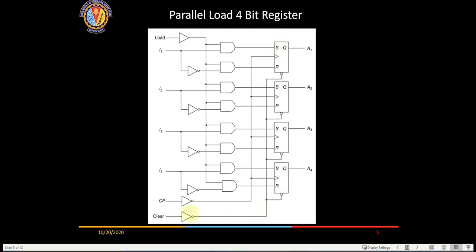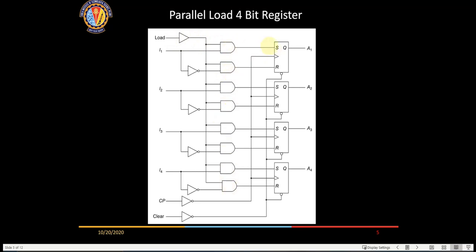Now what is the next thing? You see, the clock is given to each one of these flip-flops. But what is happening to the load? If load is 0, what happens? You see, this AND gate is 0, right? All these AND gates will be 0 when load is 0.